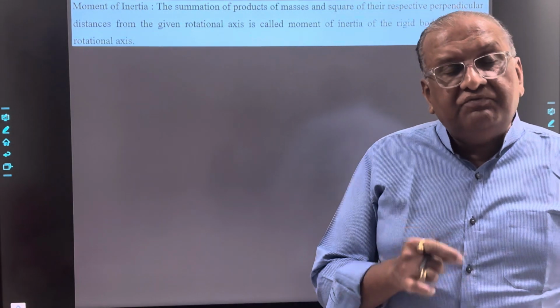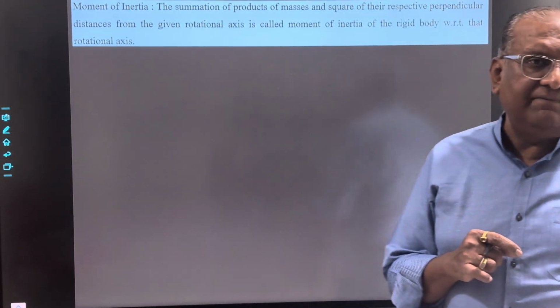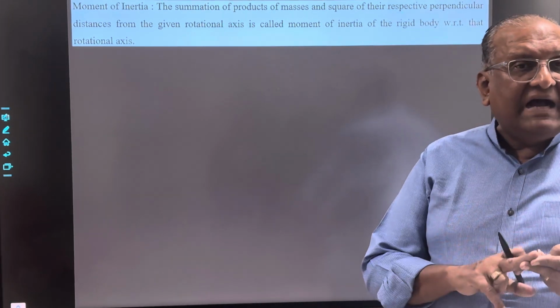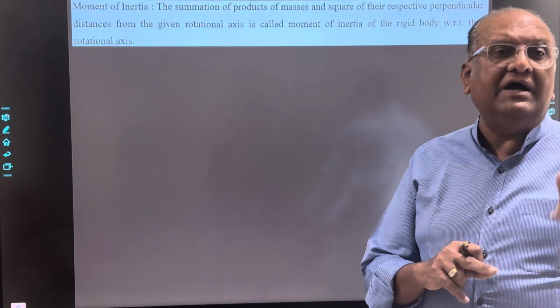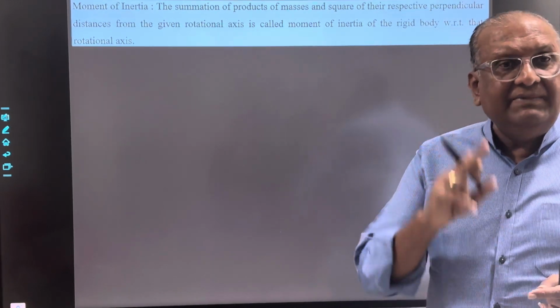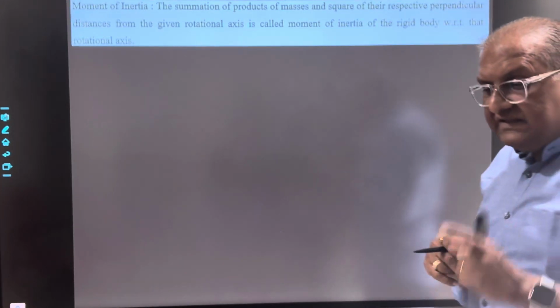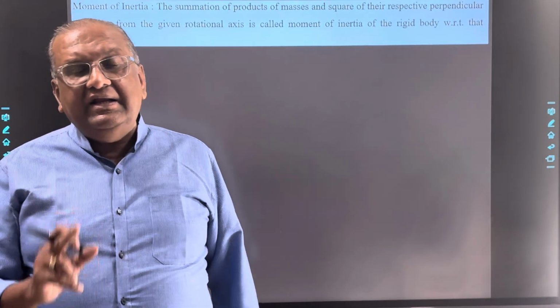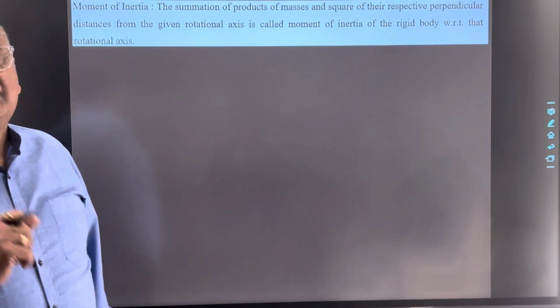So what is the role of mass in translational motion? In translational motion, mass represents the inertia of the body. Similarly, the moment of inertia represents the inertia of the body in rotational motion.